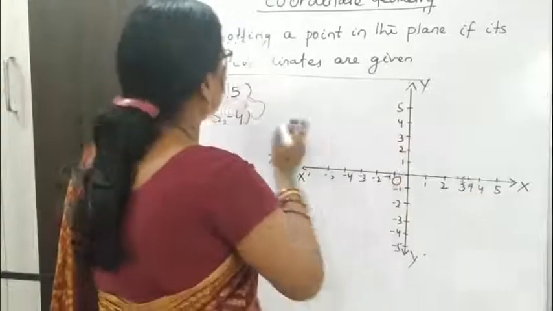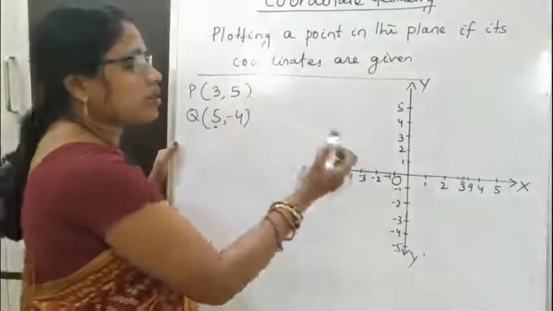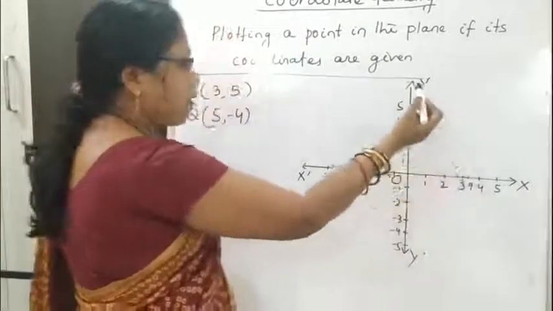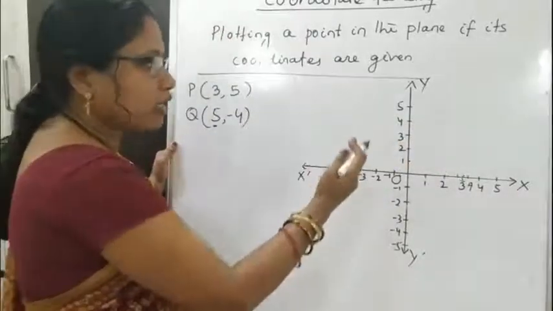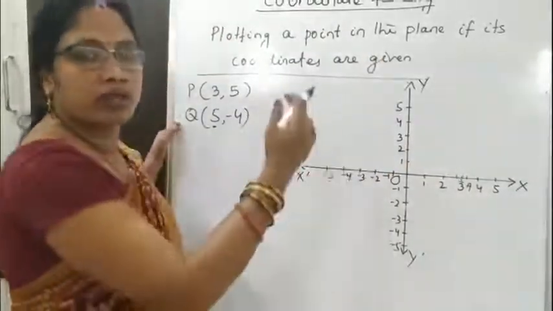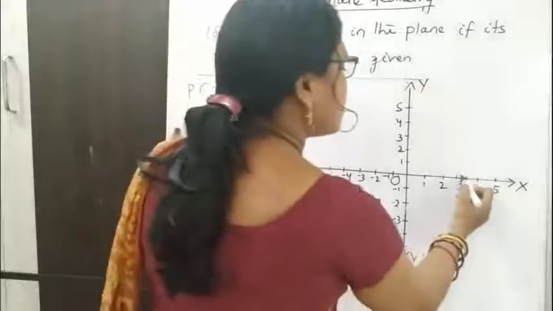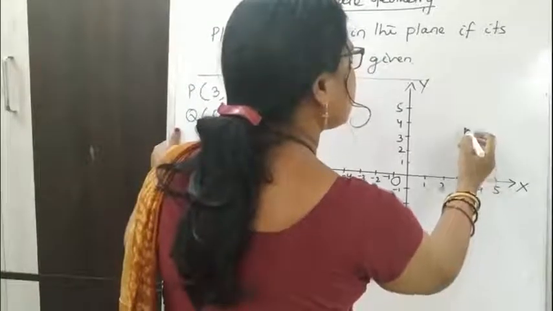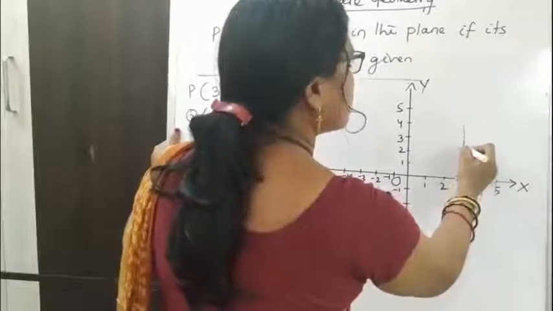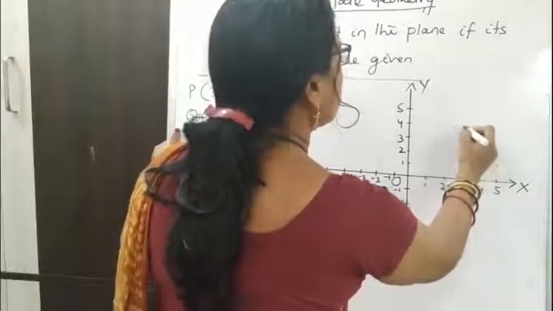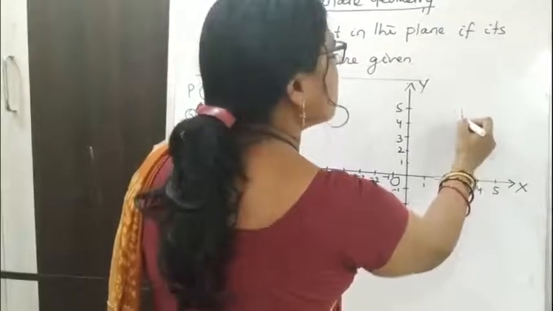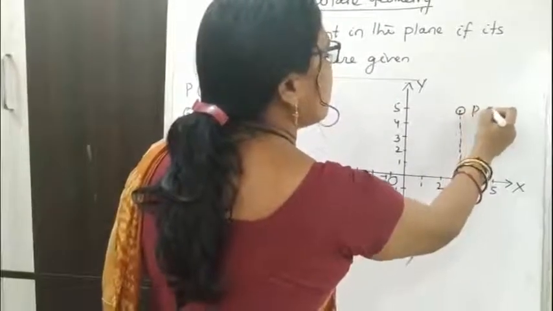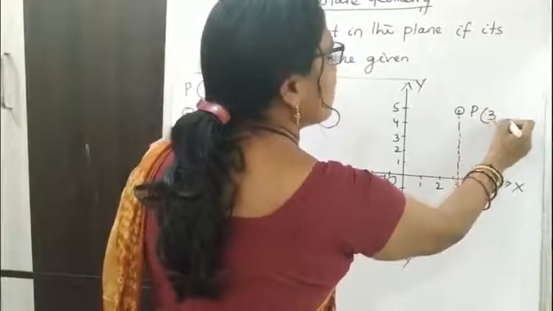So from here the y coordinate is 5. From point A we have to move 5 units parallel to the y-axis along the positive direction. So like this we have to move up to this. So this is the point P having coordinates 3 and 5.